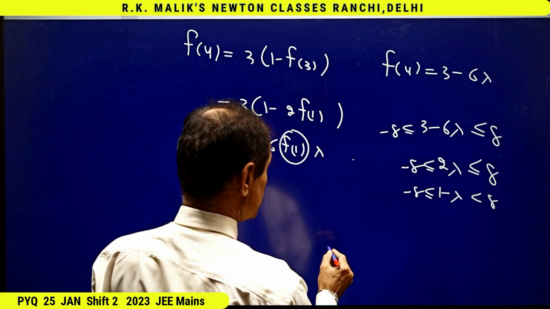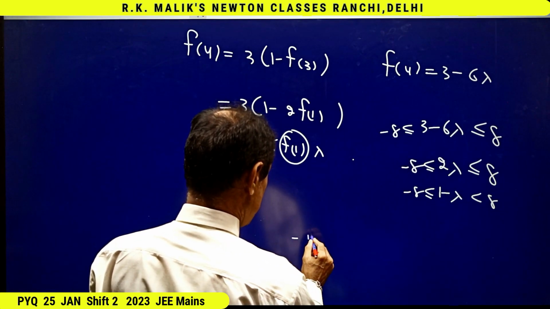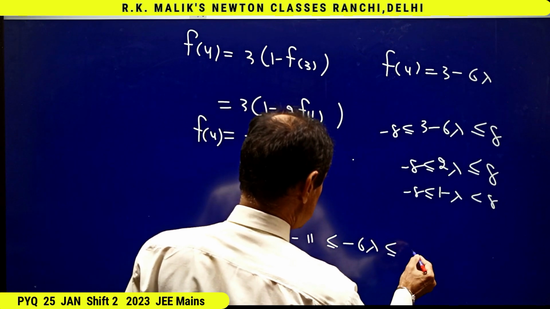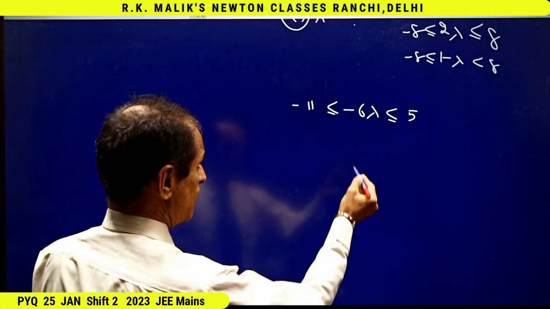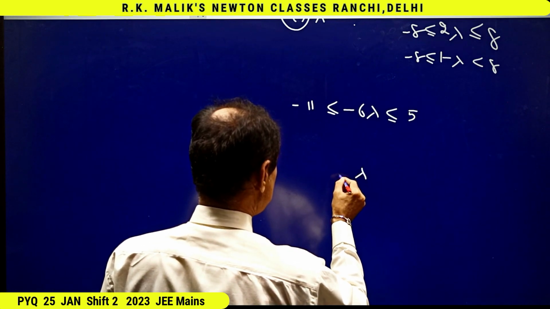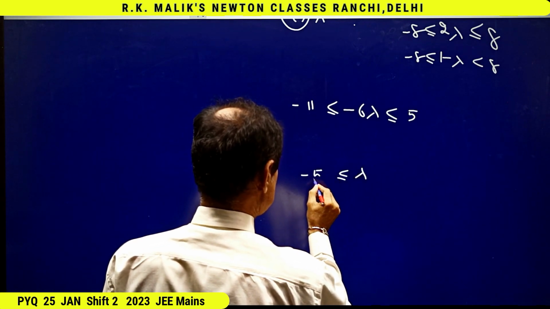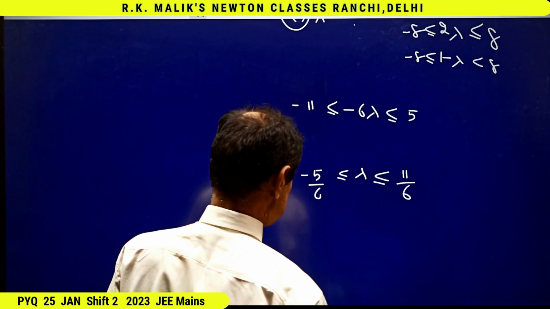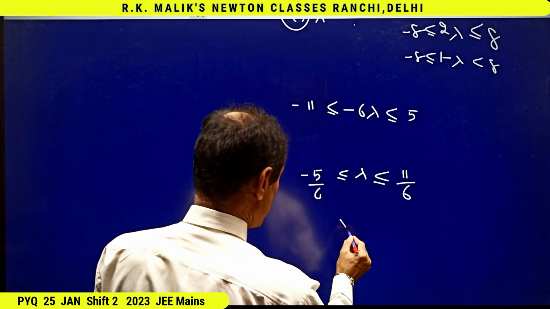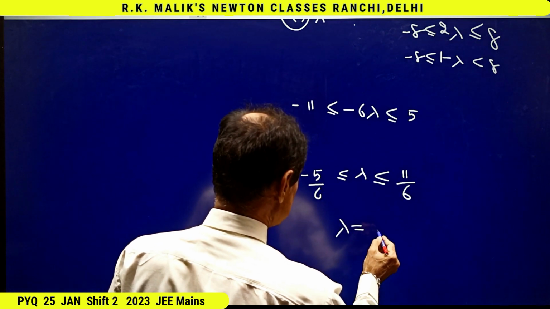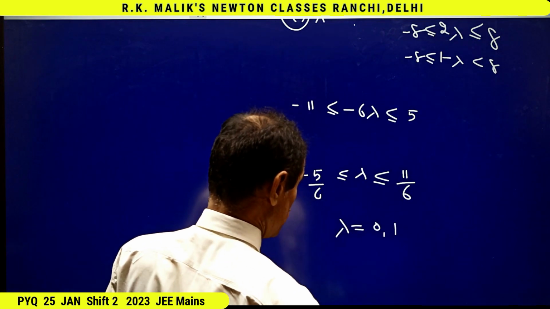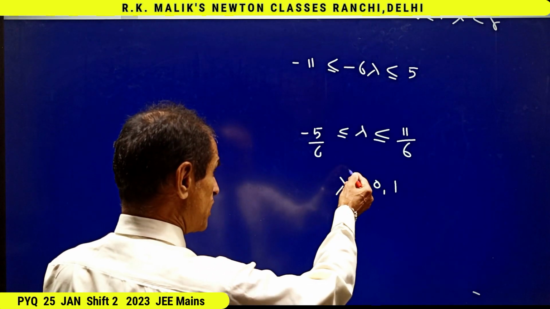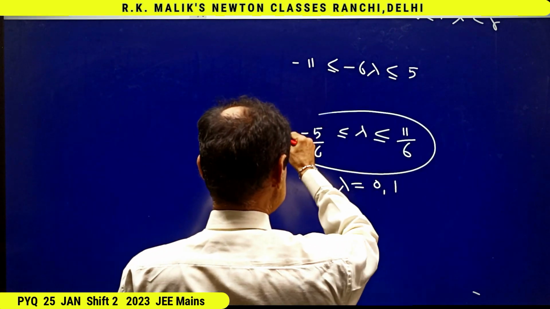This implies that minus 11 is less than or equal to minus 6 lambda, less than or equal to 5, and this means lambda lies between minus 5 by 6 and 11 by 6, and it means the possible values of lambda are 0 and 1 only, because I want such values of lambda so that this is also satisfied.